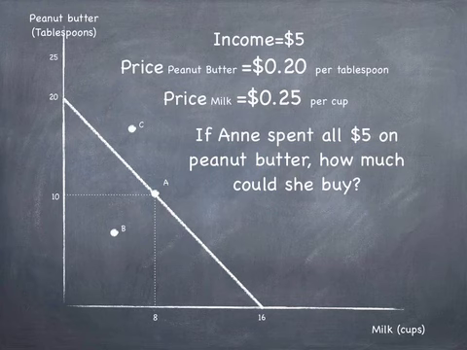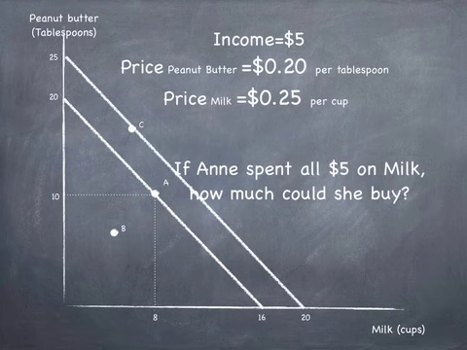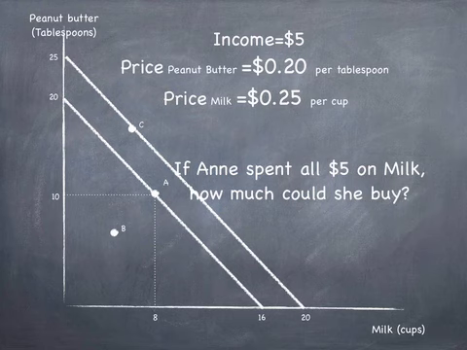She could buy 25 tablespoons of peanut butter. How about if she spent all of her income on milk? Again, we'll take $5 income, divide it by 25 cents per cup price, and we get 20. So if we connect these 2 points, we get a new budget constraint, which shows that she can now afford more. In fact, she could afford bundle C.